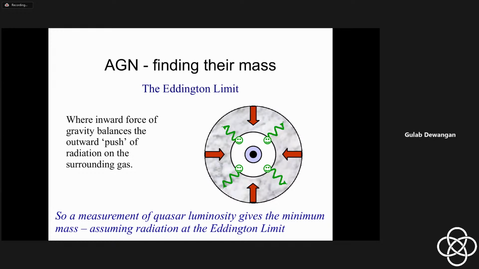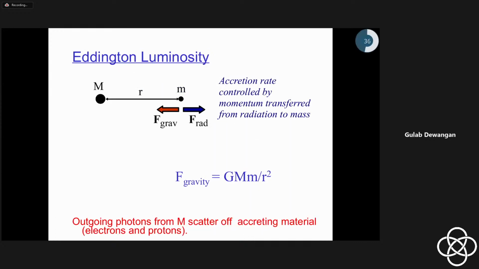So in order for this object to survive for a long time, there has to be some kind of balance between the inward gravitational force and the outward radiation pressure. When you balance these, you find the limit called the Eddington limit, and that helps in estimating the mass of these objects. So let's see how we estimate the Eddington luminosity.